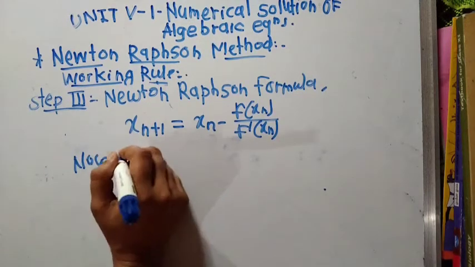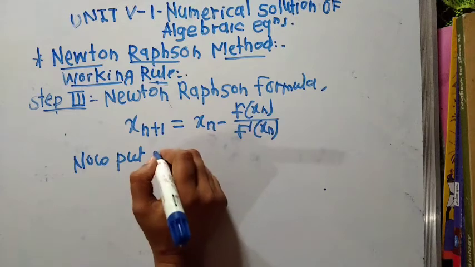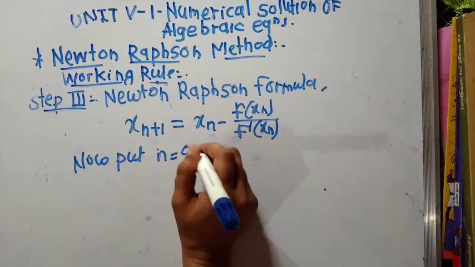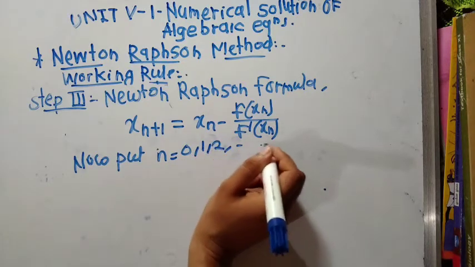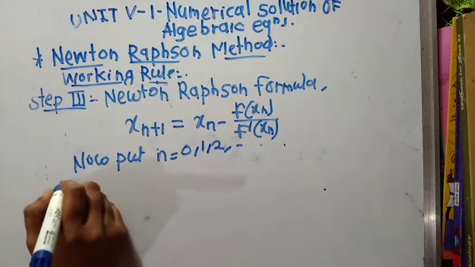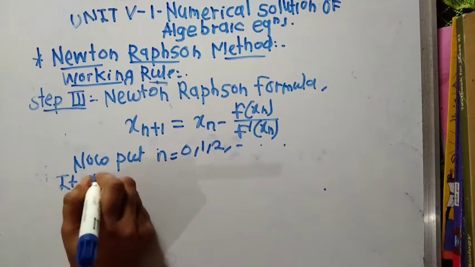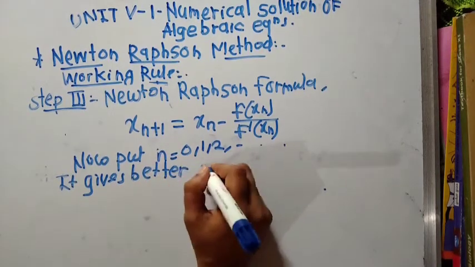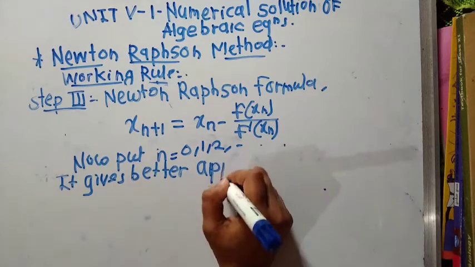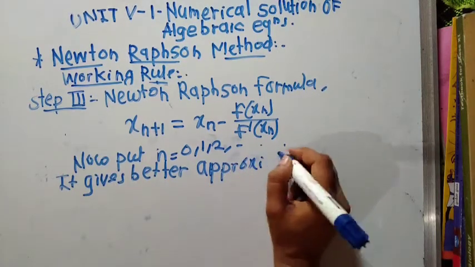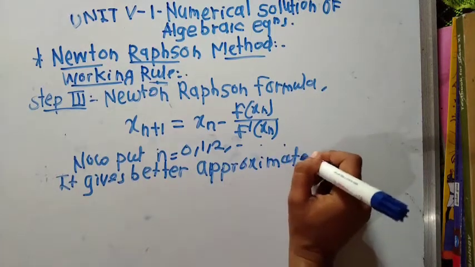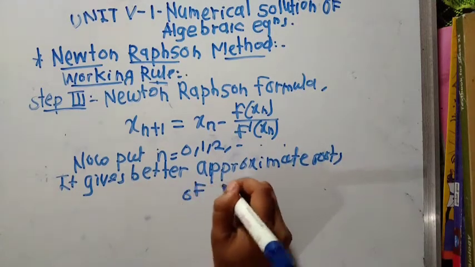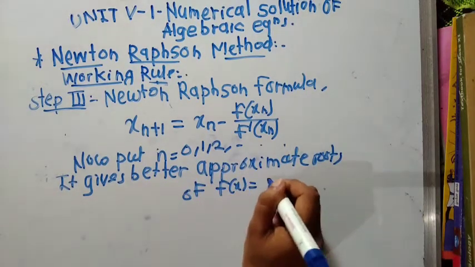Now put n is equal to 0, 1, 2 and so on. Then it gives a better approximate root of f of x is equal to 0.